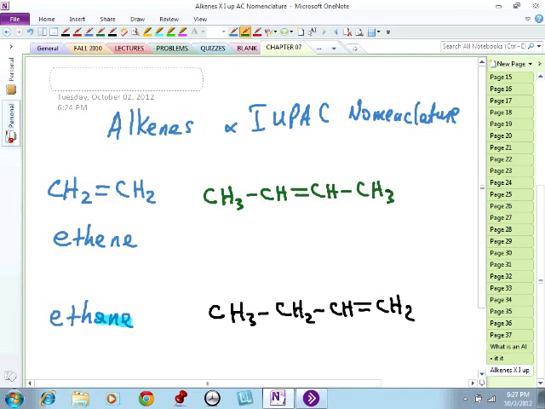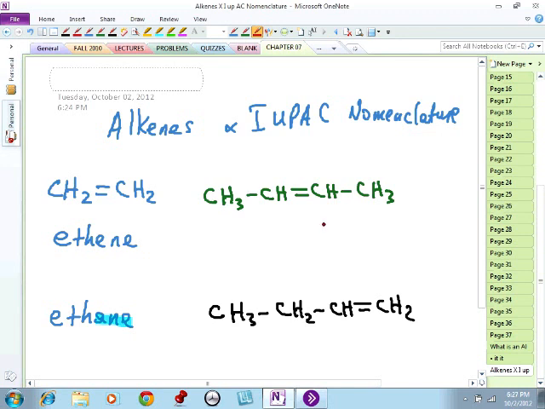Okay. So the point here is, to name the alkene, you have to use a number to indicate the position of the double bond. In this case, you have to number the longest carbon chain that contains the carbon-carbon double bond. Keep that in mind.